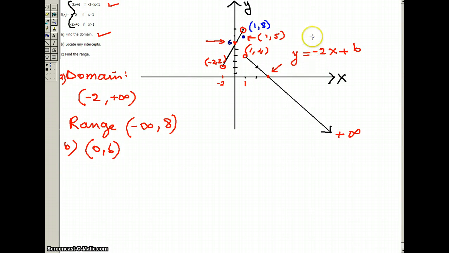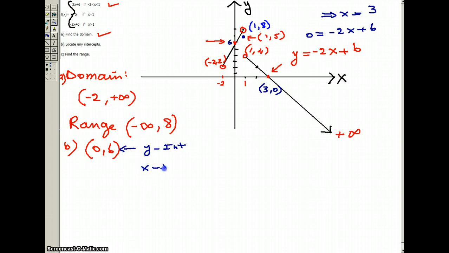So replacing y by 0, I get 0 equals -2x plus 6. And so this implies x equals, move the 6 to the other side, -6 over -2, which would be plus 3. So this point here is 3, 0. It is my x-intercept.